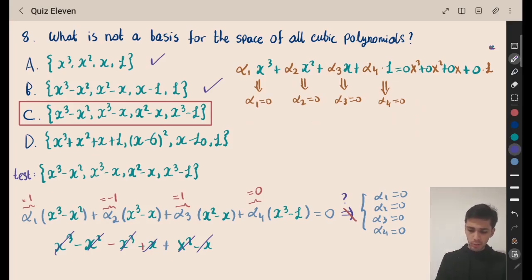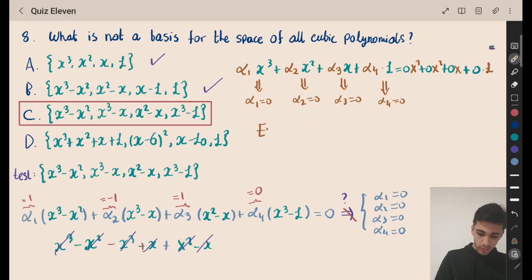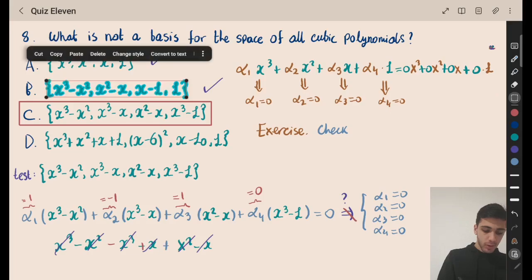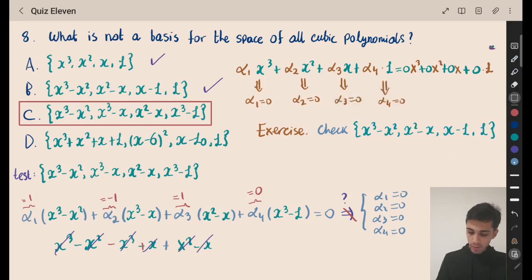As an exercise, I would recommend you do the following. Check the linear independence of this set of vectors. The way you would do this is you would take alpha 1 of this, alpha 2 of this thing, alpha 3 of this thing, and alpha 4 of this thing.